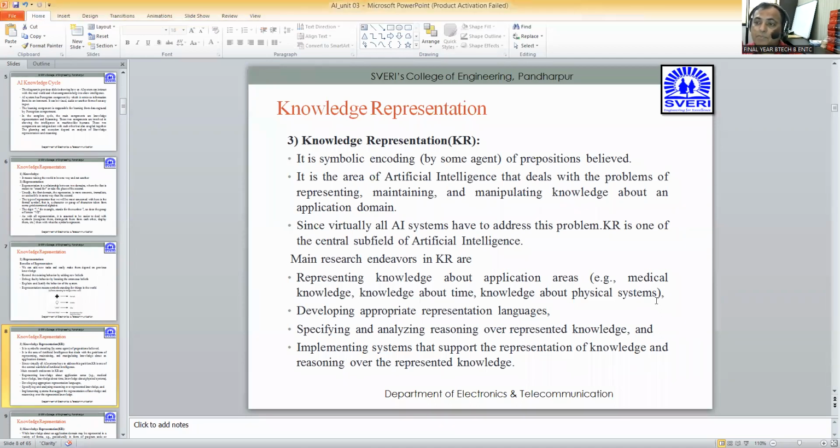Unless and until I have a representation like symbols, I cannot move forward. Then knowledge representation is again the most important part. How you represent your knowledge. And the fourth one is reasoning over the represented knowledge. That will come into the picture. And henceforth, knowledge representation is a very, very important part.